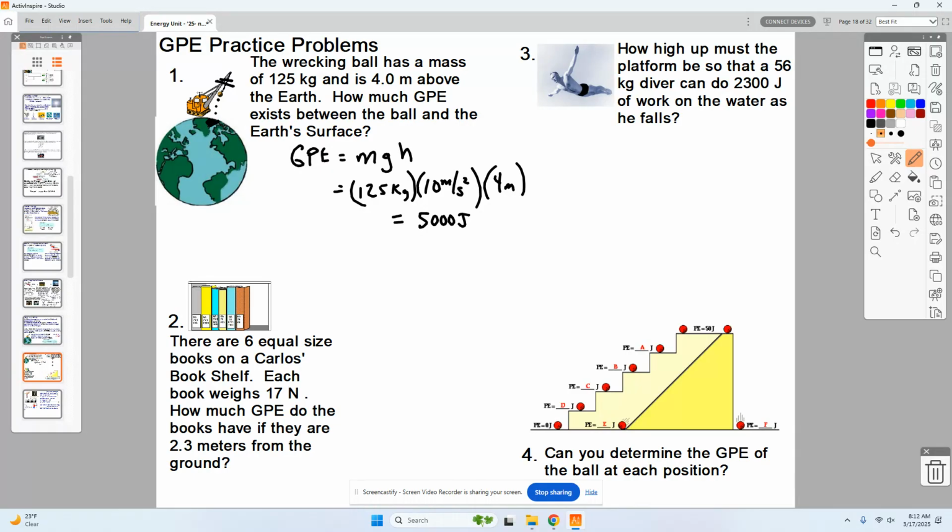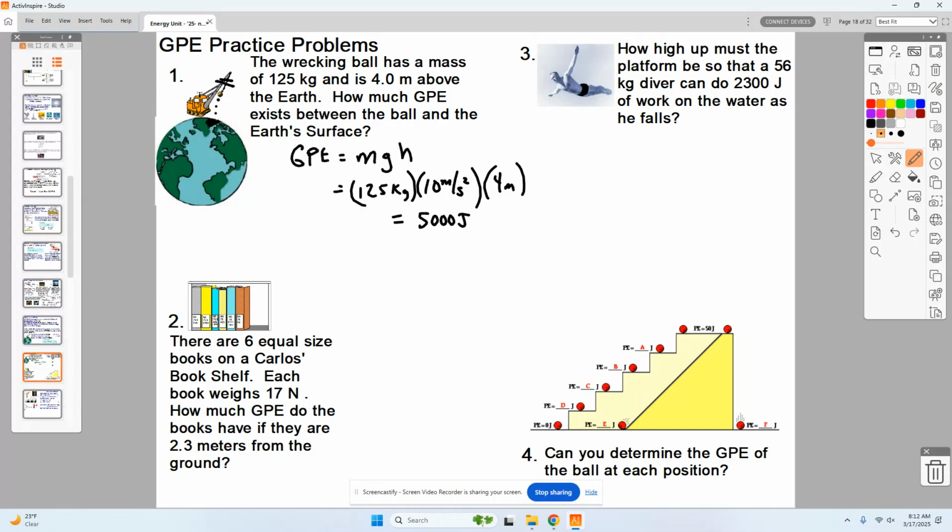My question is how much work could that wrecking ball do on the Earth when it falls? And that answer should be 5,000 joules, because that's its energy of position. So how much work it can do as it hits that ground is equal to the gravitational potential energy it had. So that would be 5,000 joules of work that it's doing.